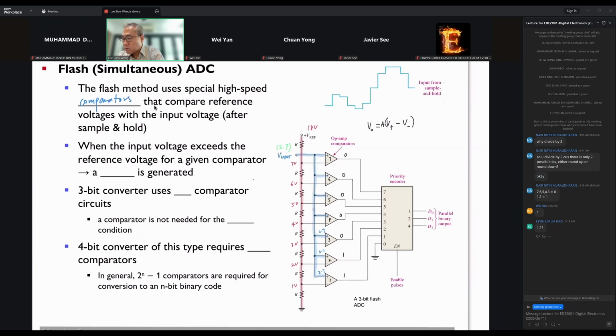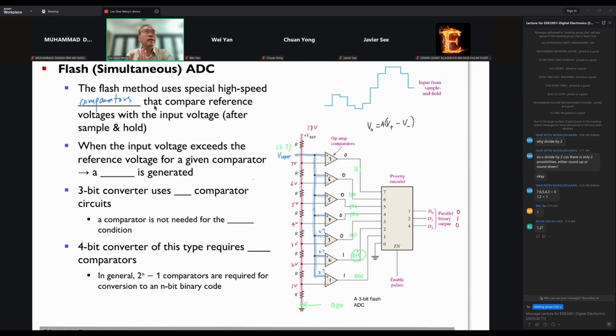At this node here is your 0 level. So corresponding to this, your output here will be 0, 1, 0. That means it corresponds to the digital level 0, 1, 0.